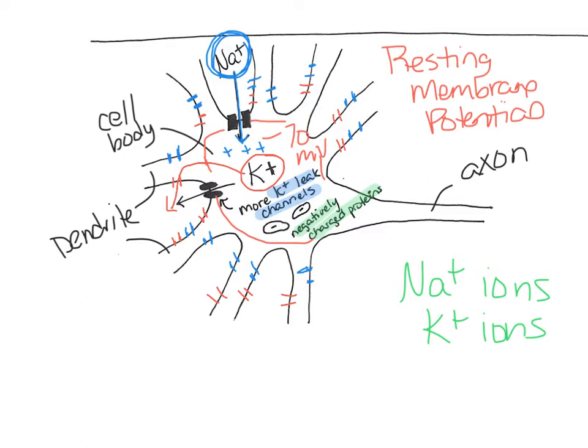So if the same amount of potassium were moving out, which carries a positive charge, as sodium moving in, which carries a positive charge, those charges would just cancel each other out, right? But there's more potassium channels than there are sodium channels. So we say there is a higher potassium permeability.